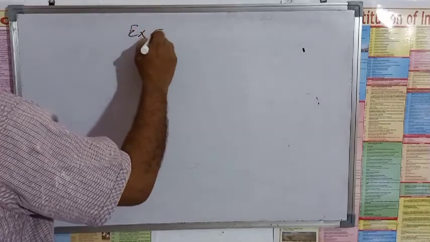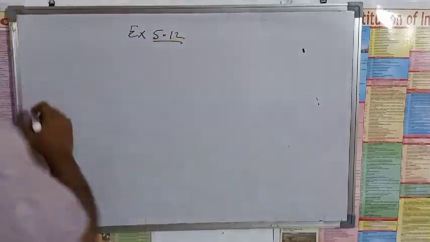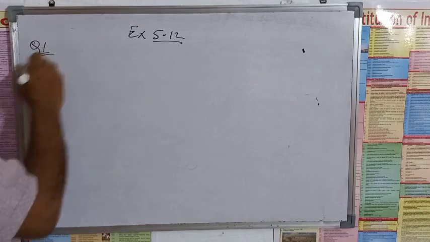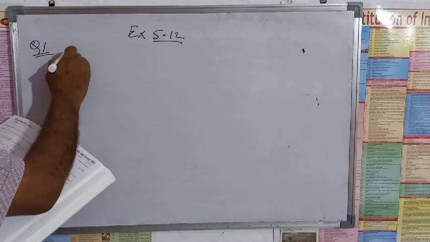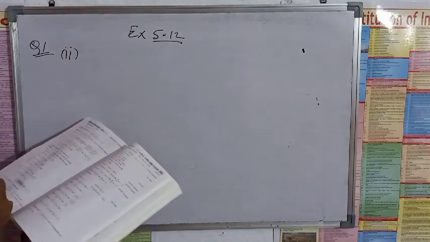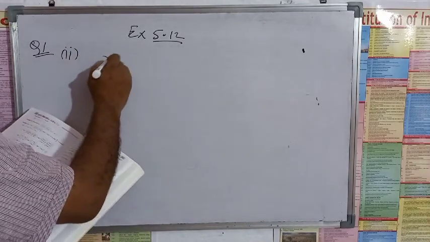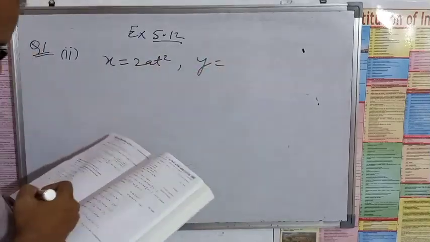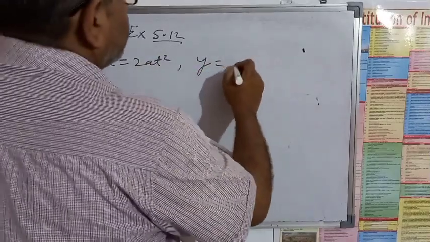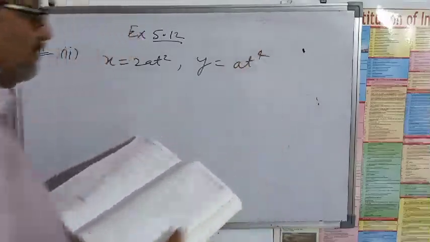See exercise 5.12, question number 1, second part. x is equal to 2at square, y is equal to at to the power 4.